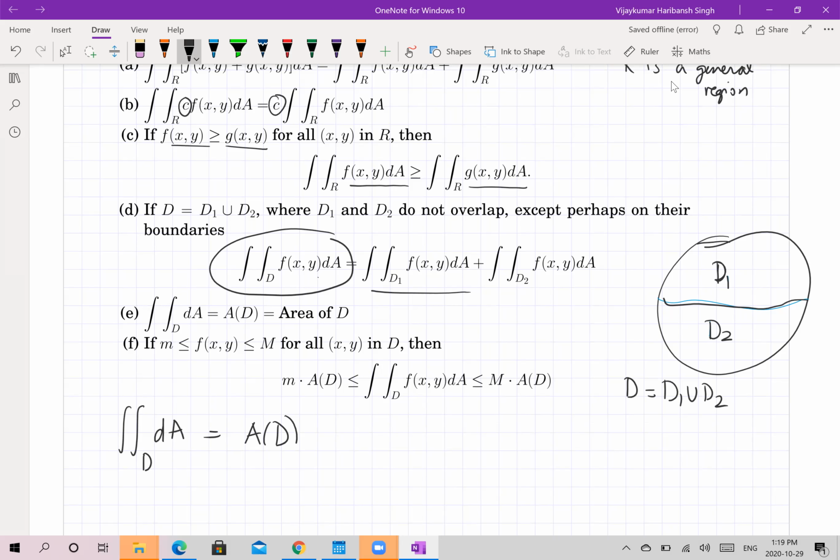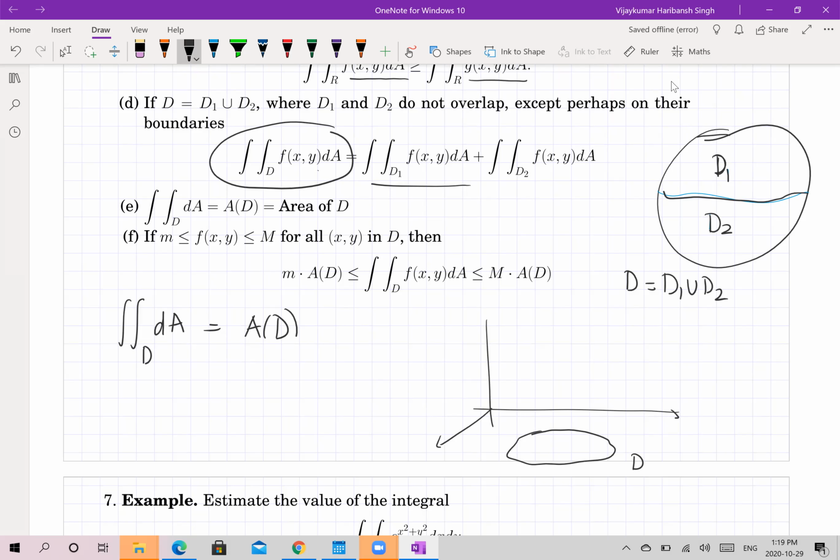Because the idea is, if you have a region D like this, and you integrate 1, a constant function 1 on top, you are essentially computing the volume of this solid. But the volume of this solid is this area times 1. So essentially you get the area.